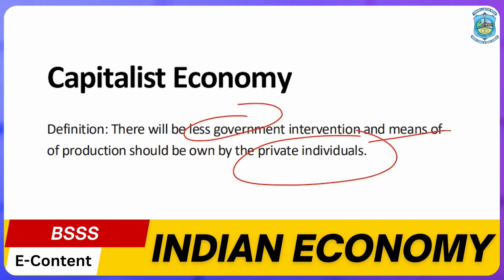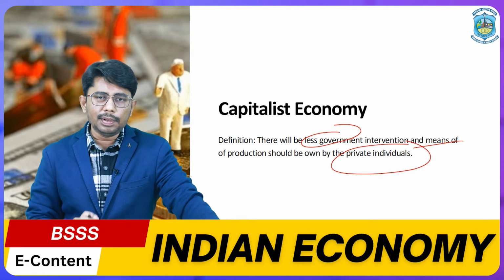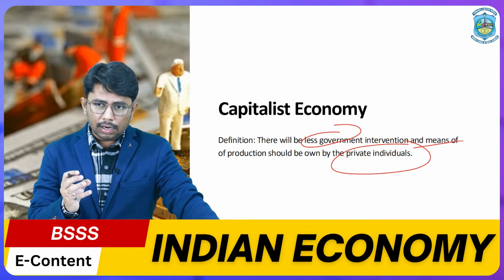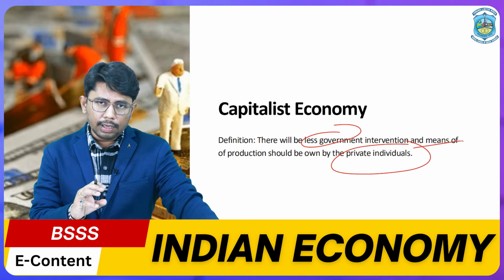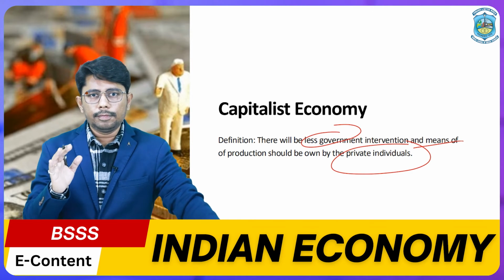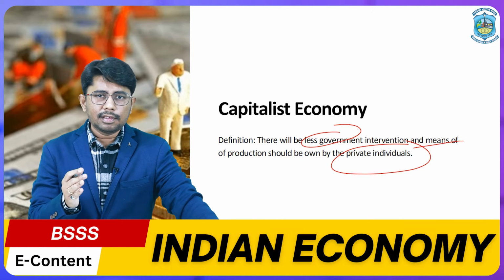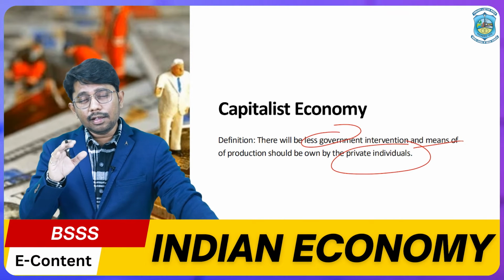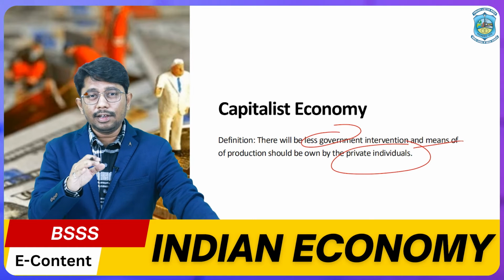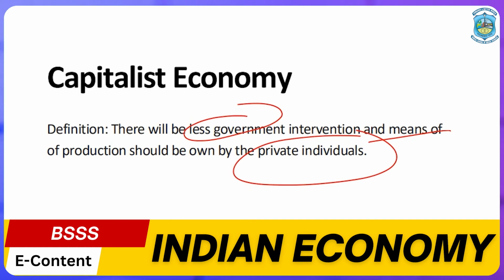Government should intervene, but in a very lesser proportion, and the means of production should be owned by the private individual, which means that the power of autonomy is made for the private individual only. Yes, government is there, but they will intervene very little. So if you see this kind of pattern in your economy, your economy may belong to the capitalist one.